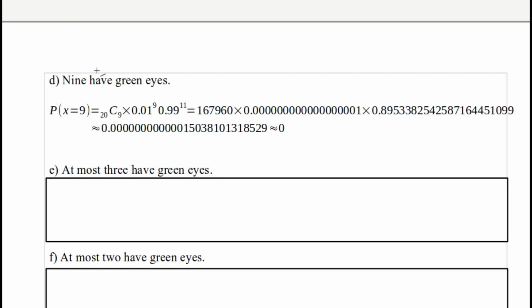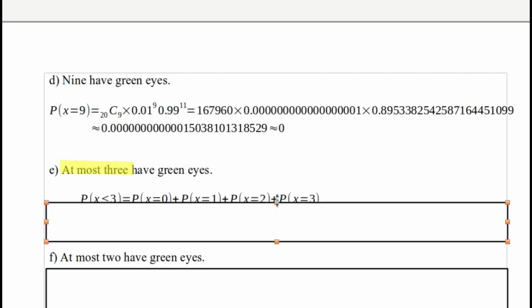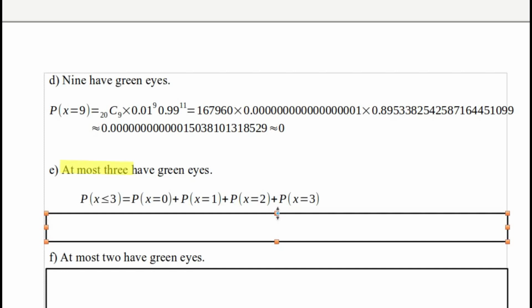So our next question is at most 3, and there's lots of ways of looking at this, so let's get started. At most 3 says that x is less than or equal to 3, so that means x could be 0. That is our random variable, the number of people we're considering successes. Of course, success is just a generic word in that sense. Could be x equals 0, x equals 1, x equals 2, or x equals 3.